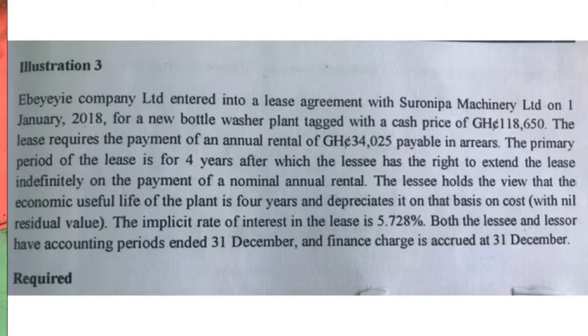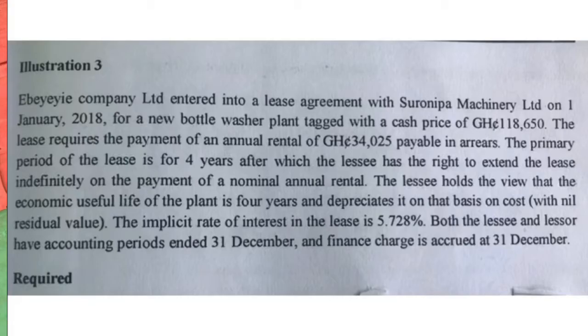Alright. The key things you have to take note of in this question is that the lease term begins on 1st January 2018 and the cash price of the plant, that is the initial liability, is 118,650 Ghana cedis.